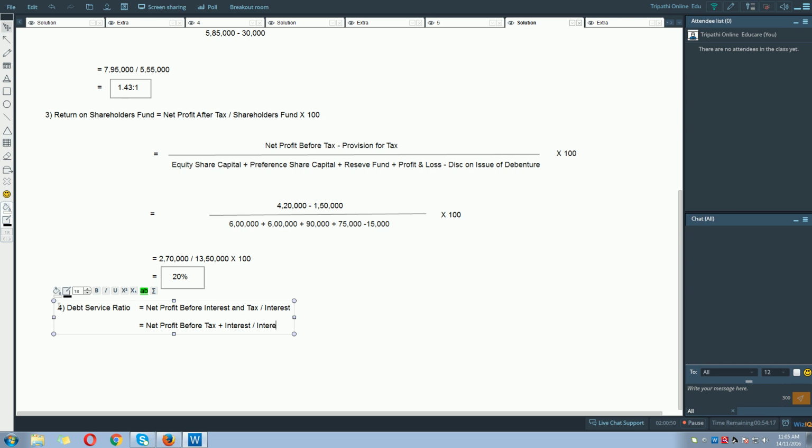So we will get 4,20,000 minus 1,50,000, 2,70,000 upon 13,50,000 whole into 100.